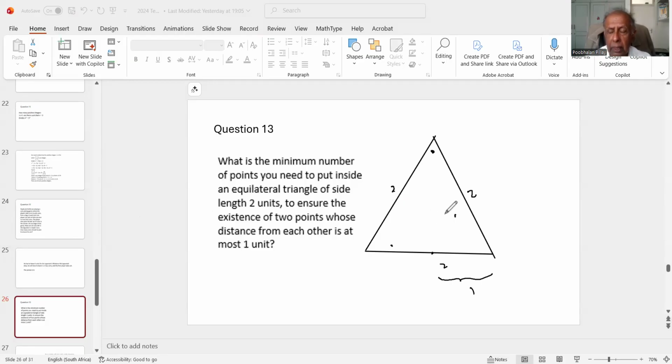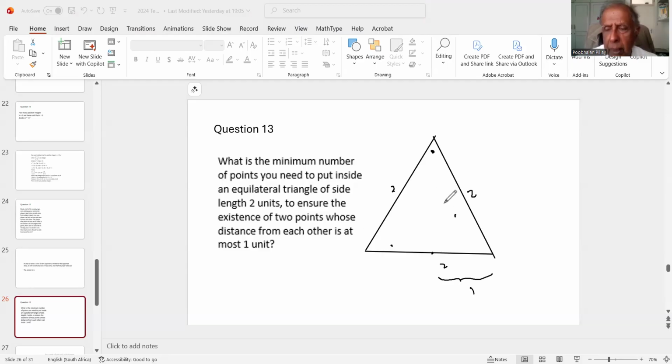So I can put 3 points, and in those 3 points, it's not possible to find 2 points whose distance from each other is at most 1. So it can be 1, but not more than 1.